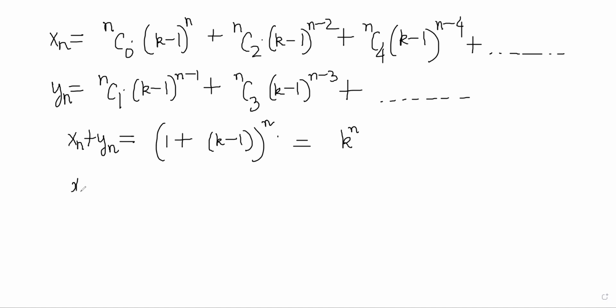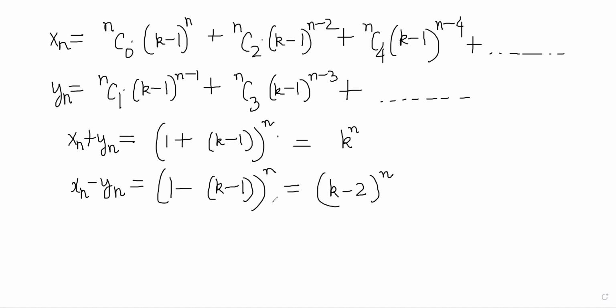And you can also show that xn minus yn is equal to (1 - (k-1))^n, which is (2-k)^n. We'll write it as (-1)^n (k-2)^n, depending on whether n is odd or even, right?